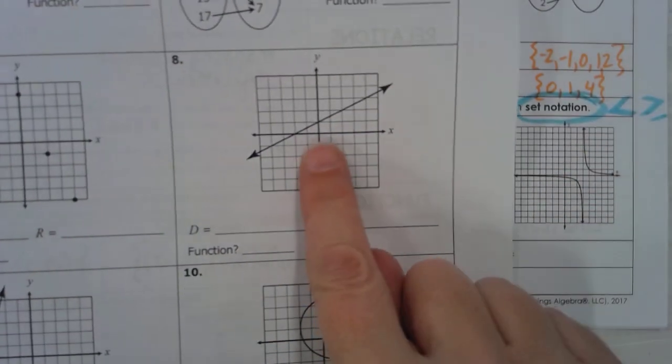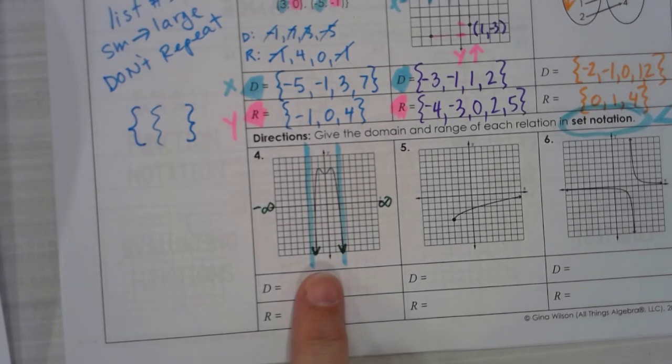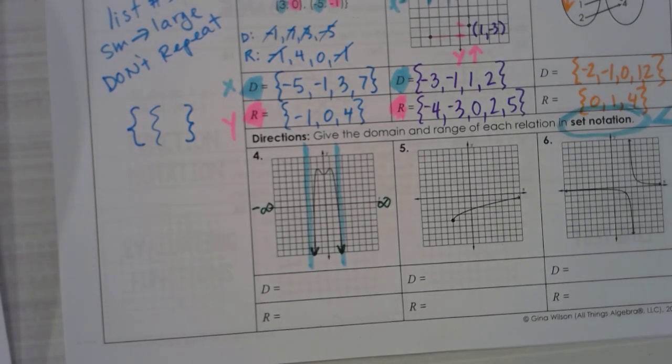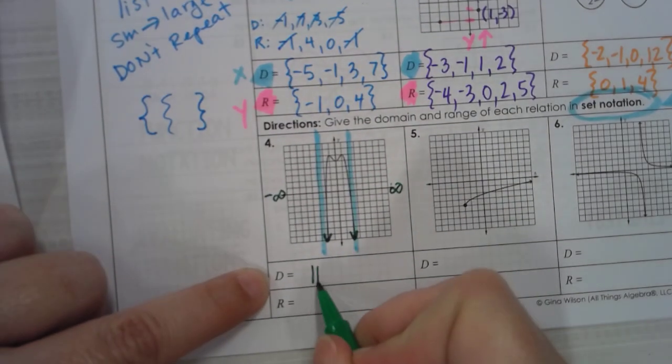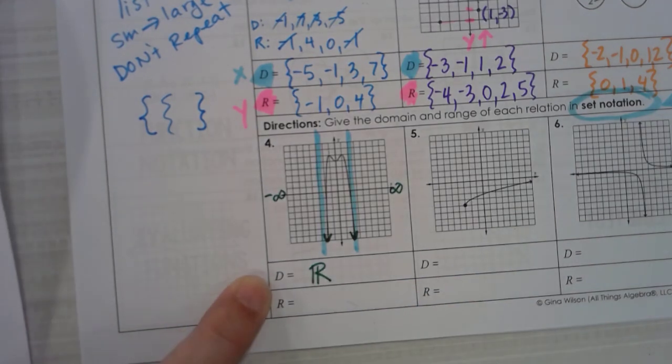So do you see that this domain is the same as this? The lines just turn differently, right? It has some squiggles, it has some other things to it, but essentially the line keeps going forever and ever from side to side, right? So this domain is all real numbers, forever and ever.